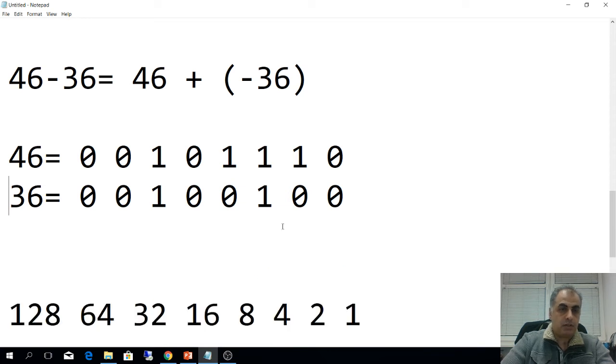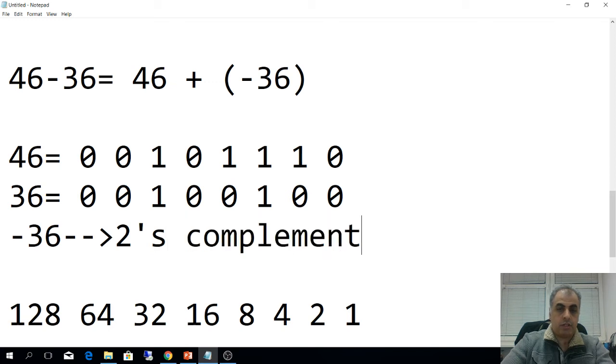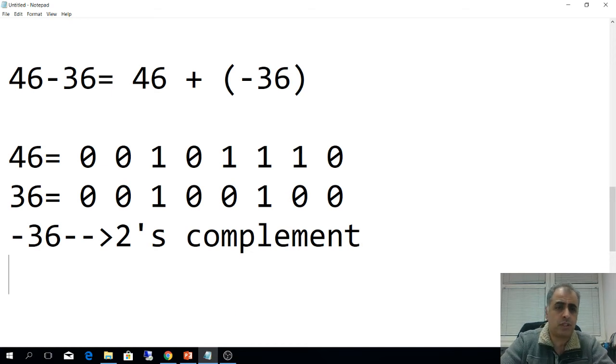Now to make it minus 36, what are we going to do? We are going to make the 2's complement. The new generation computer architecture is done like this. What was 2's complement? First, all zeros become 1, all ones become 0.